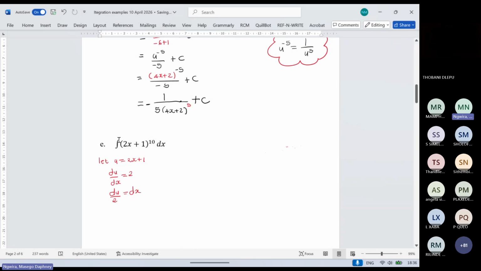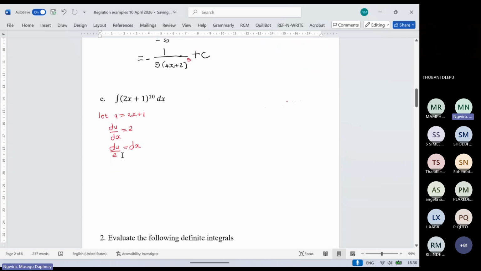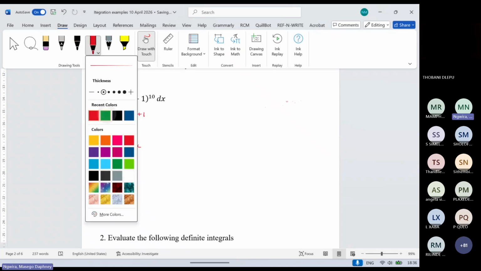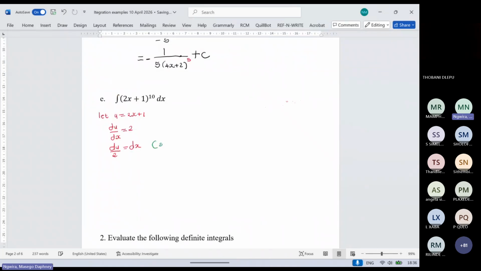I'm going to use it when I integrate here. So now we are going to integrate. Here, let me write that I swapped, so that you remember. We swap these two.